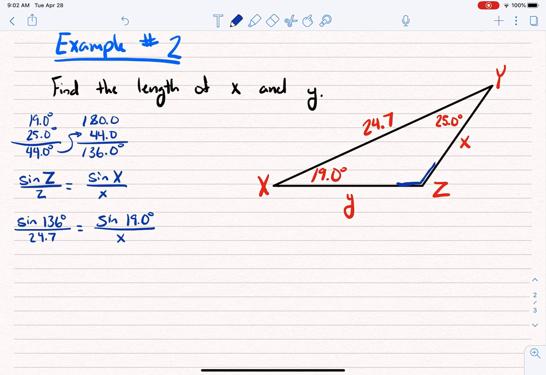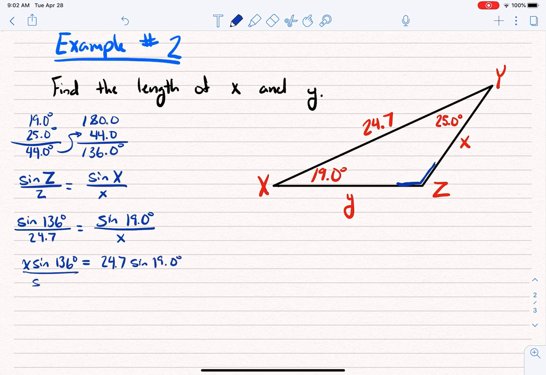Now I cross multiply. So I get x times the sine of 136 is equal to 24.7 times the sine of 19.0.